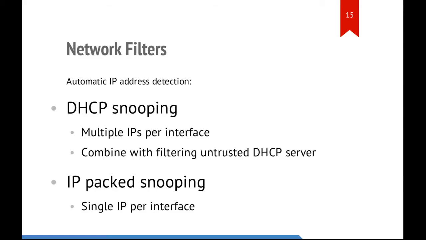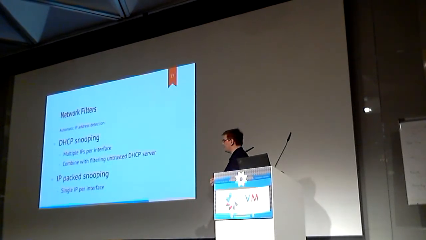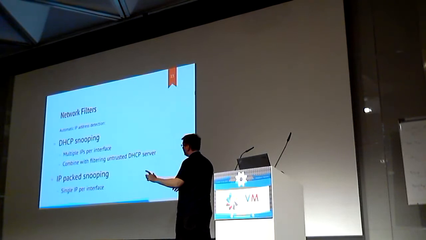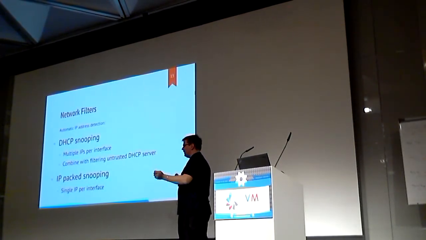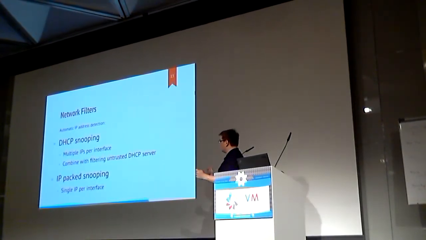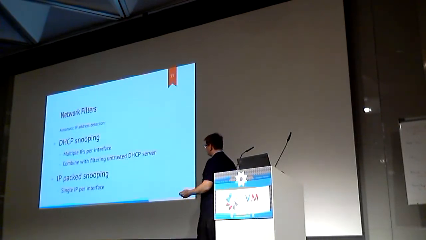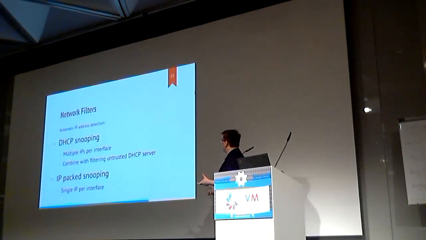There are basically two approaches implemented in libvirt to guess the IP address of the guest. The first one is that libvirt basically listens for the DHCP communication between the guest and the server, so it can see whether a guest has been assigned more than one IP address, and these IP addresses then can be enabled in the filter.